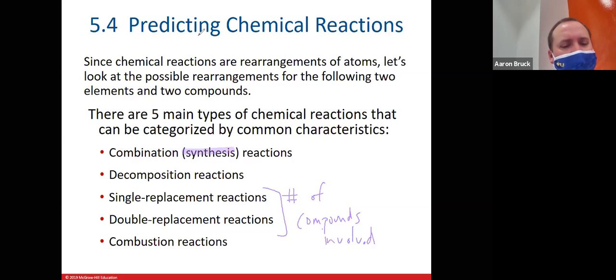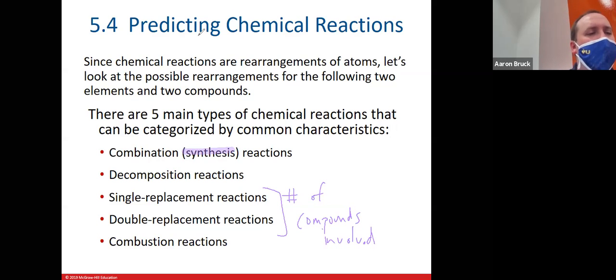So a single replacement reaction has 1 compound involved as a reactant. A double replacement reaction has 2 compounds involved as reactants. That's the difference between them. And then finally, combustion reactions, which we spent a little bit of time talking about today already.